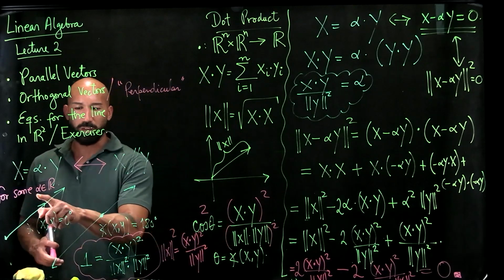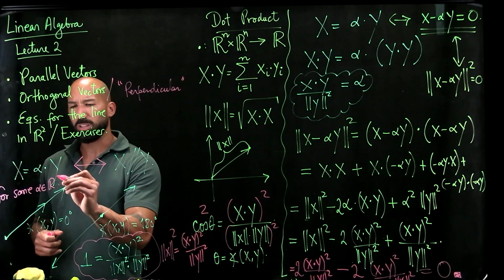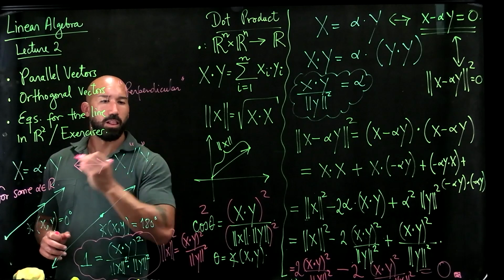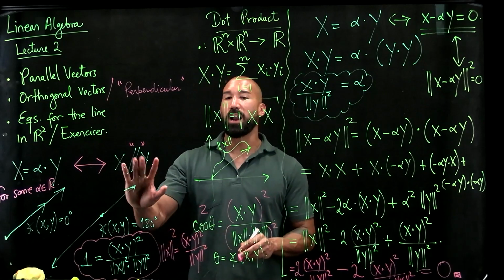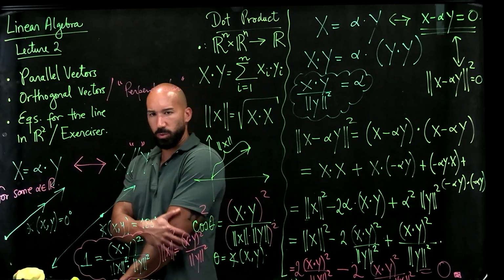And here I'm including alpha equals 0, which as I said before, so I can put it this way, or I can simply say parallel or one of the vectors is 0. I'm going to leave it this way.